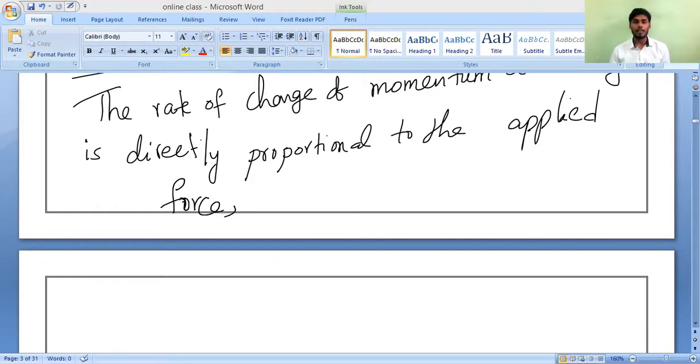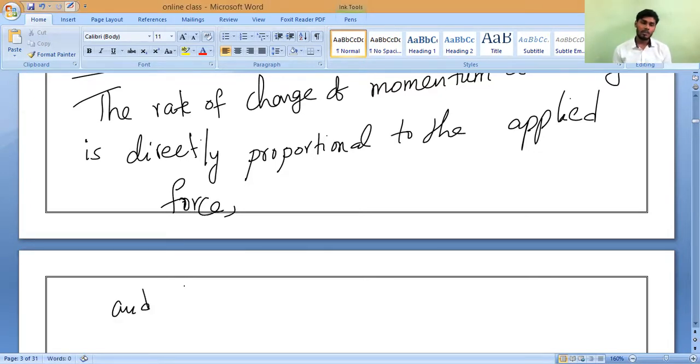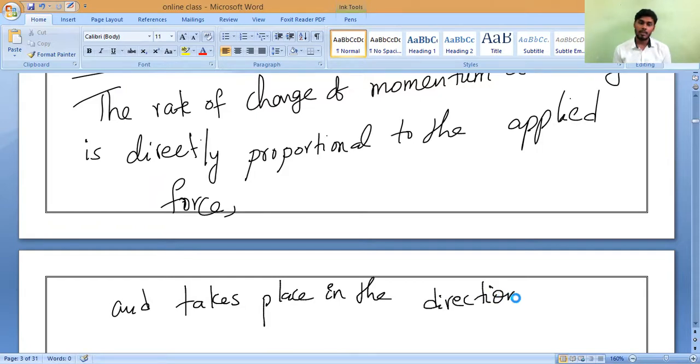Takes place in the direction in which the force acts. Means same direction as force.